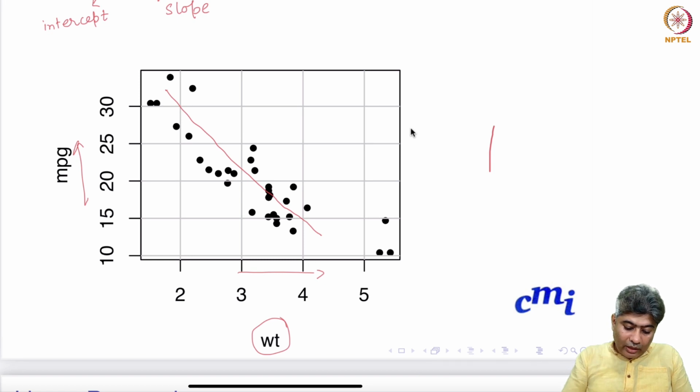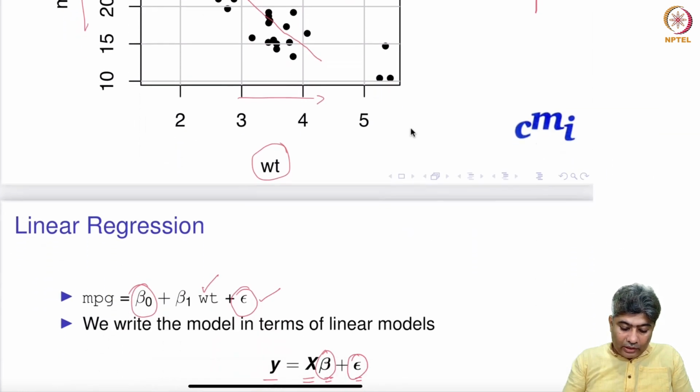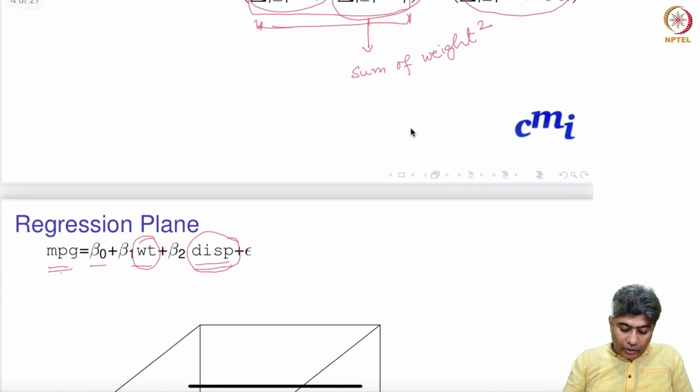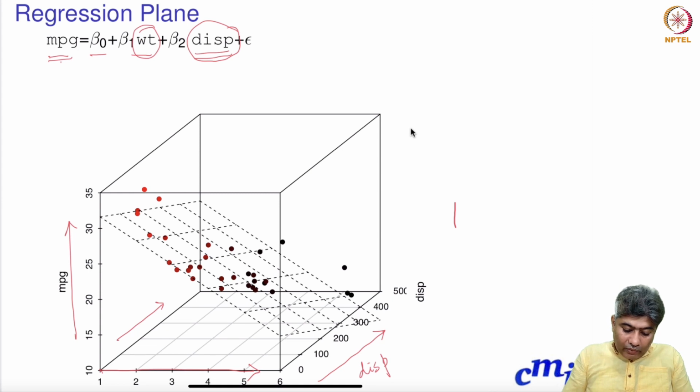Suppose this is the ith point; it will be MPG i, WT i, a tuple of 2 dimensions. Now we have a third variable, so this point is the MPG ith value, WT i, and displacement is the third value, the displacement of the ith sample.